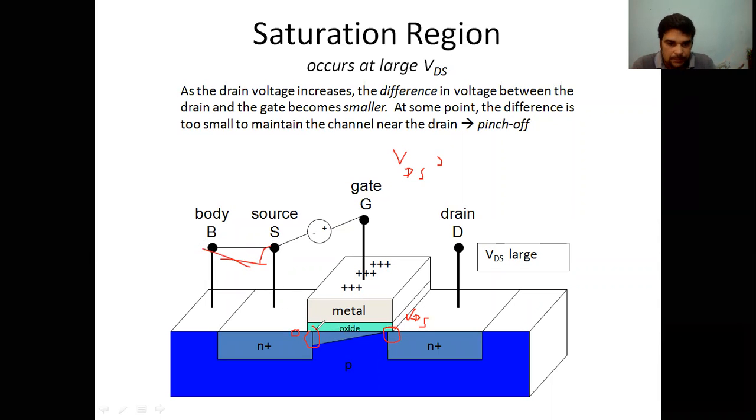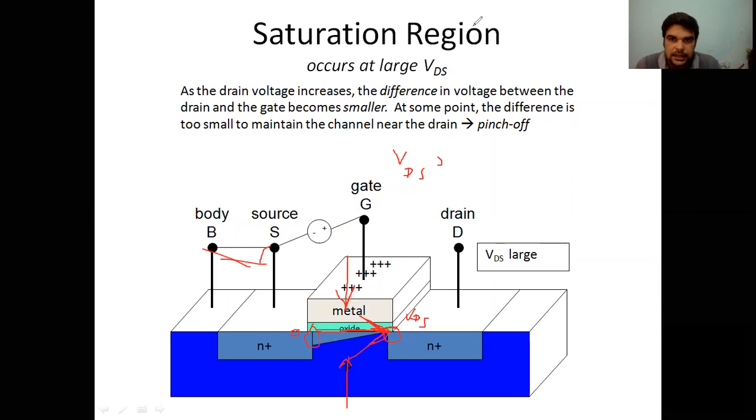So if I'm increasing the voltage from here to here, going along the channel the voltage is increasing, and another voltage is acting, that is your gate voltage. This is applied. So gate voltage is here, and VDS is increasing here.